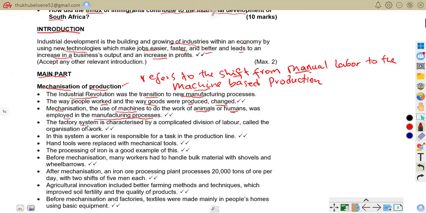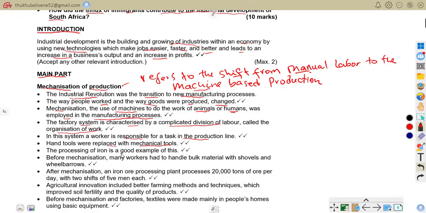So the factory system is characterized by a complicated division of labor called organization of work. In this system, a worker is responsible for a task in the production line. Hand tools were replaced with mechanical tools.